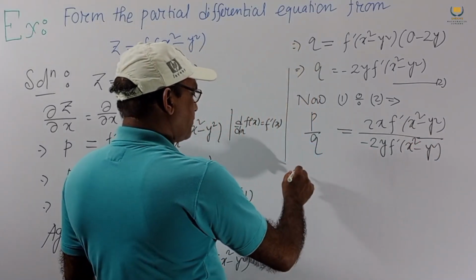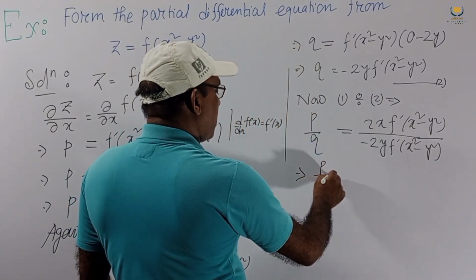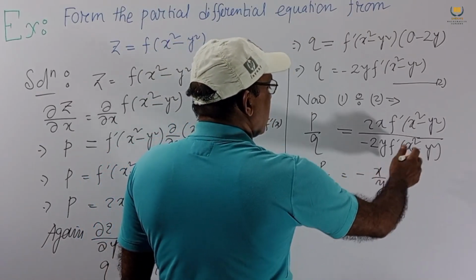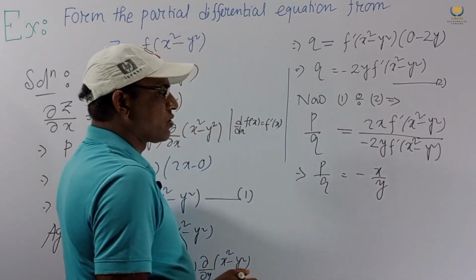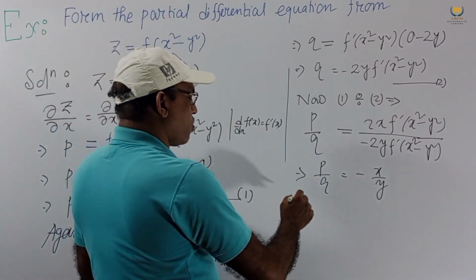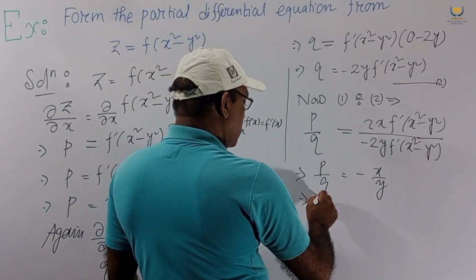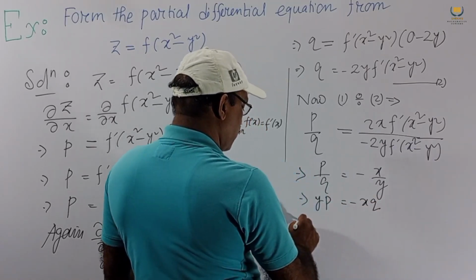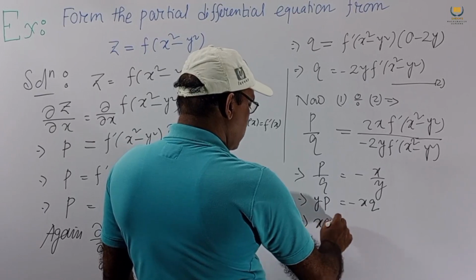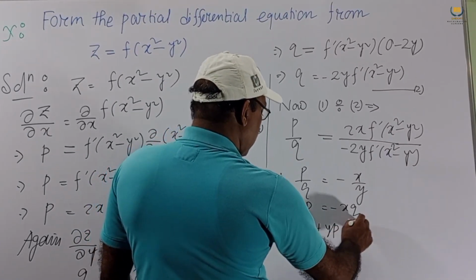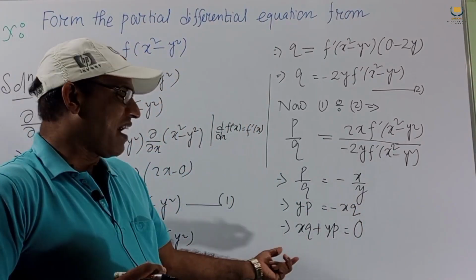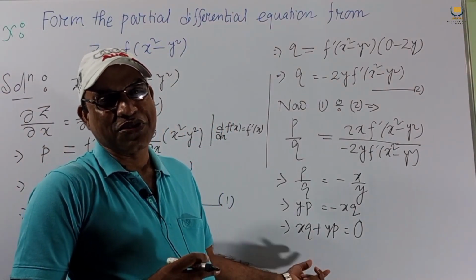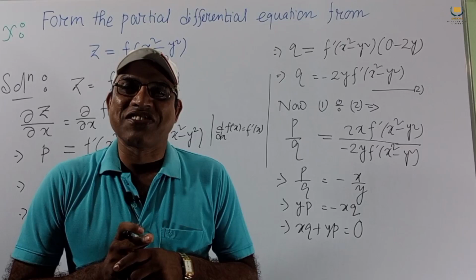We get p by q equals minus x by y. The 2 cancels, f dash cancels, and by cross multiplication, yp equals minus xq, that is xq plus yp equals 0. So in the final result f is absent. This is the required solution.